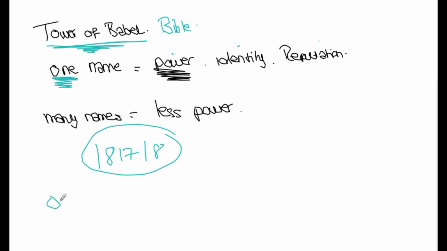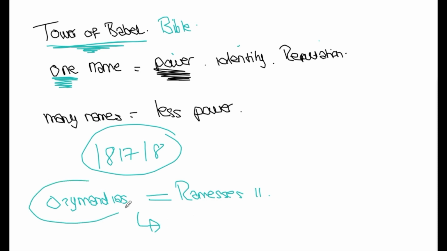So the fact that Ozymandias has more than one name, well, I'm pretty sure that Shelley made sure to call Ozymandias Ozymandias for a reason. And it was to remind the reader that Ozymandias has more than one name.